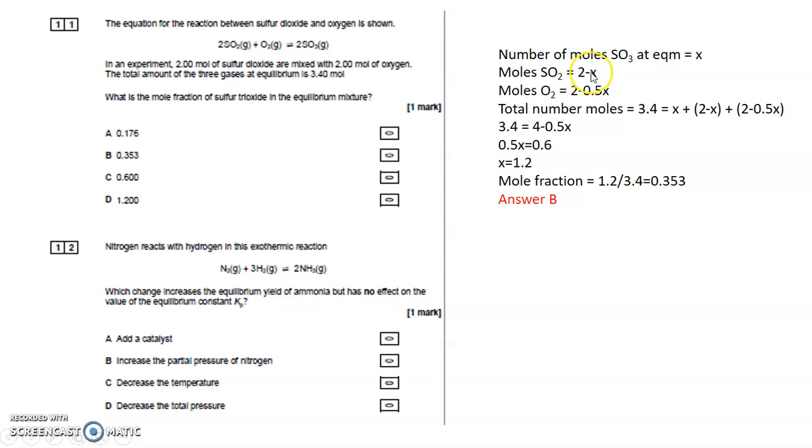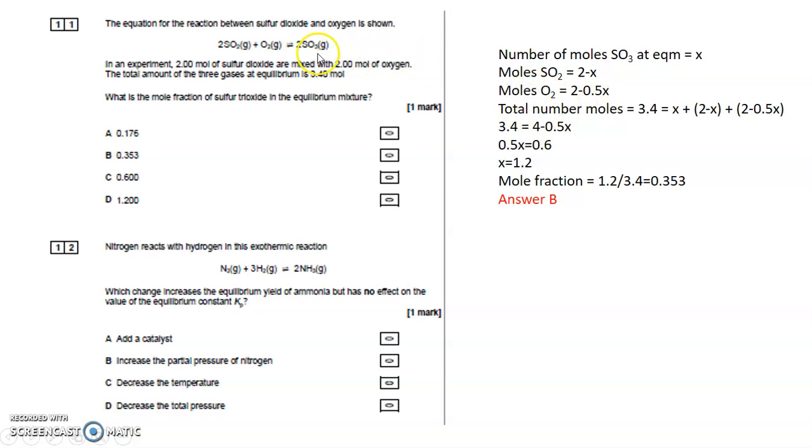So my moles of SO2 is 2 take away X. Number of moles of oxygen used is half the amount of SO3, so 0.5X gets used up from the initial amount of oxygen. So 2 take away 0.5X is the amount of O2 left.